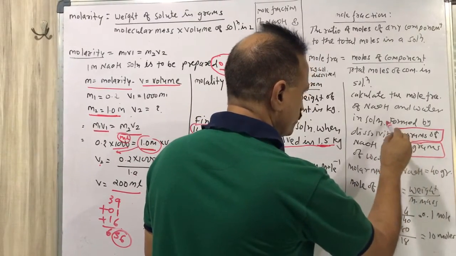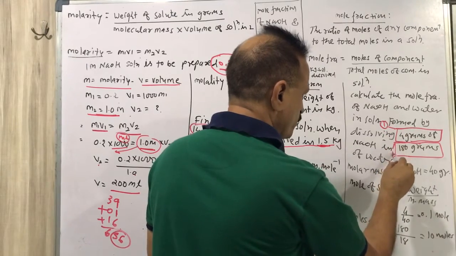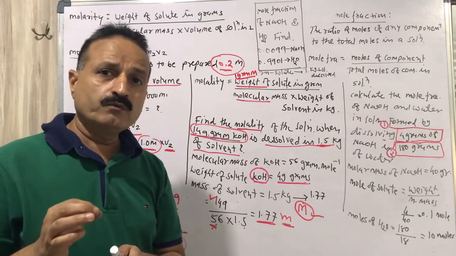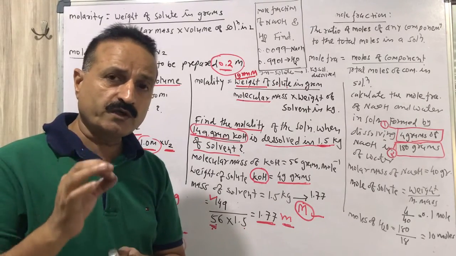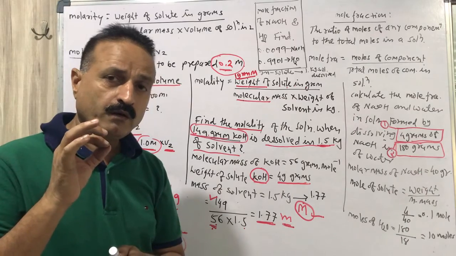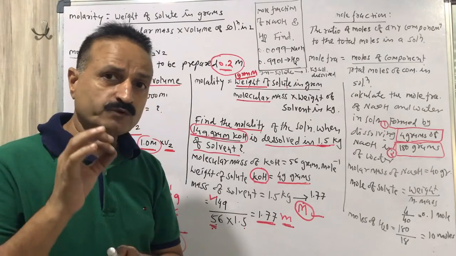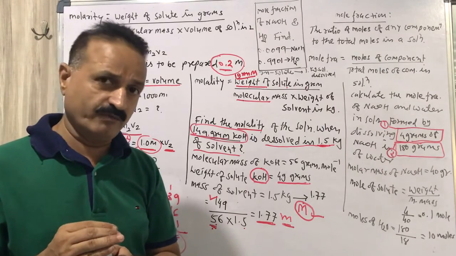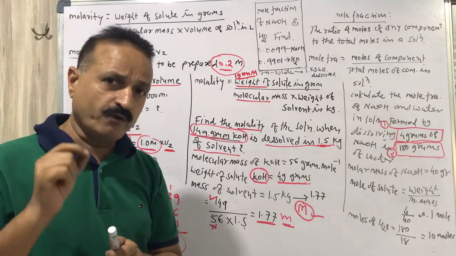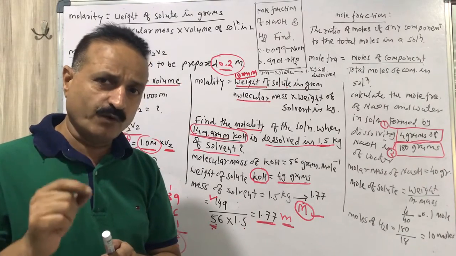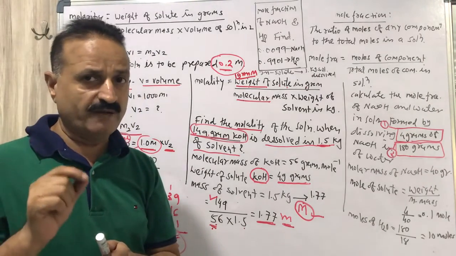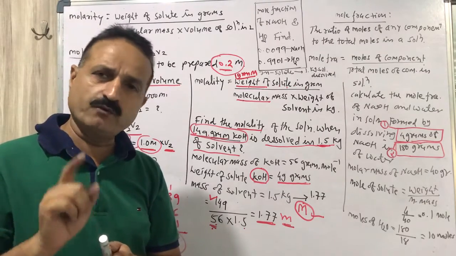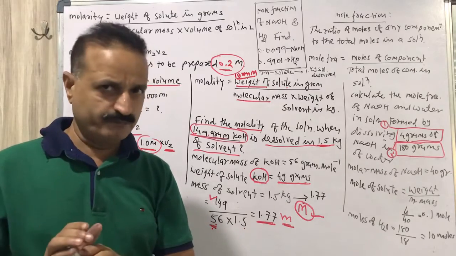We need these two values because we want to find out the mole. We have to concentrate on given value in grams of component and then we will divide it by molecular mass. To find out the mole, grams upon molecular mass. Very simple.